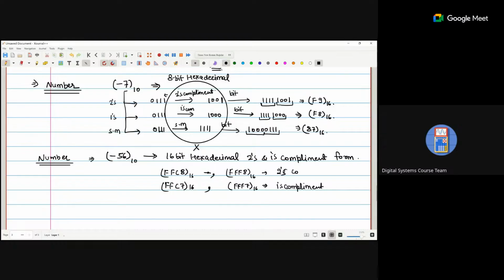Okay, so first of all, we write 56. This is 56 in binary. We want to convert into 2's or 1's complement, so we require one extra bit. So this is plus 56.